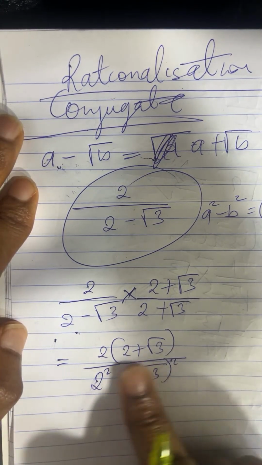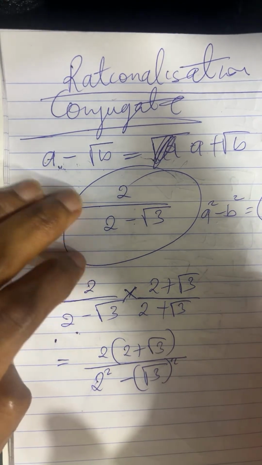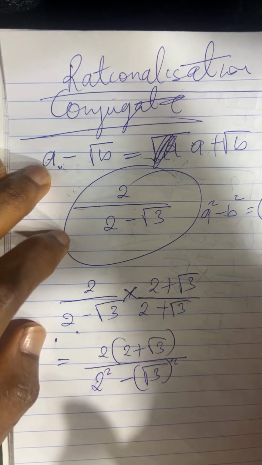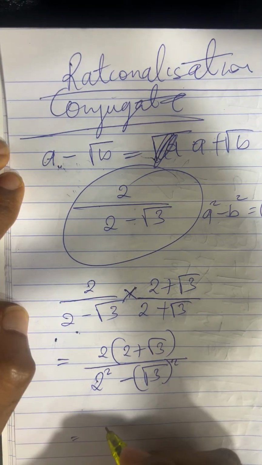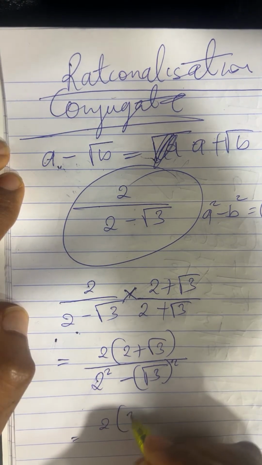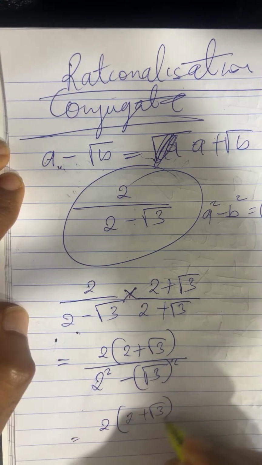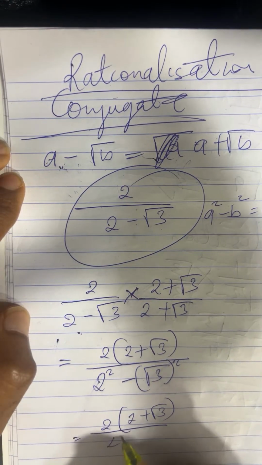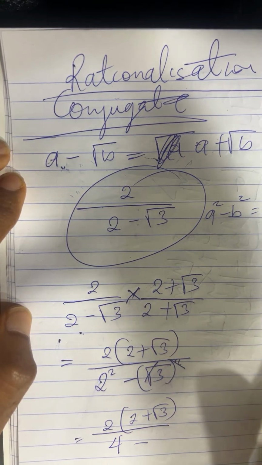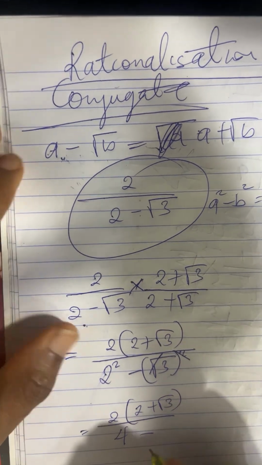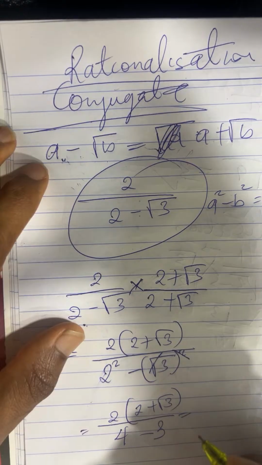The conjugate helps the denominator to look clearly like a difference between two squares. So you have 2 into 2 plus root 3 divided by 2 squared is 4 minus; the square root will cancel the square, so we have minus 3.